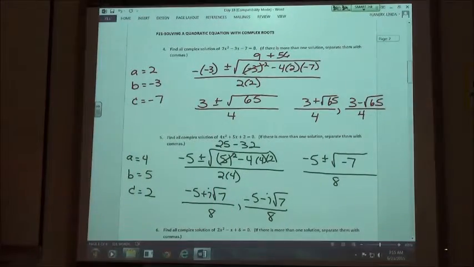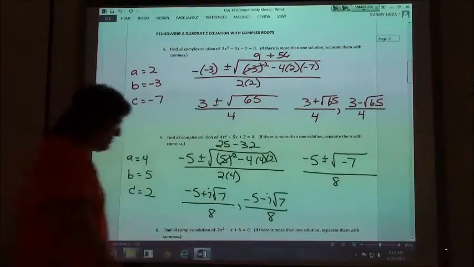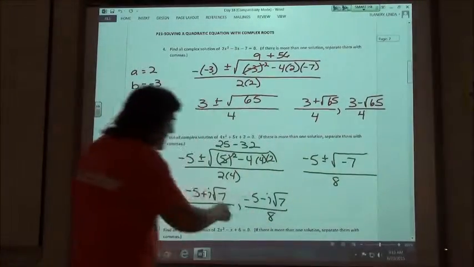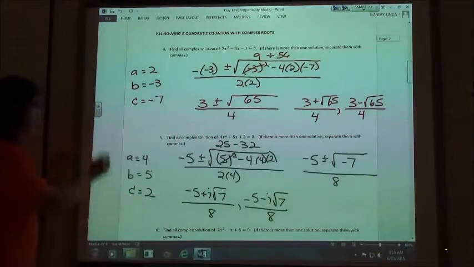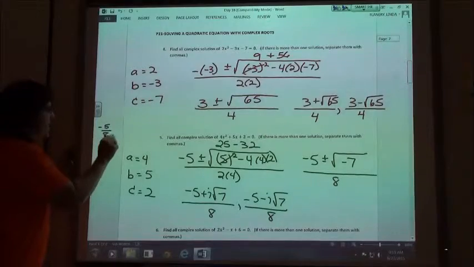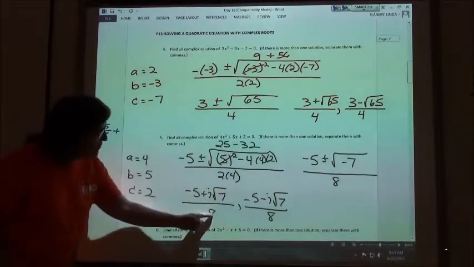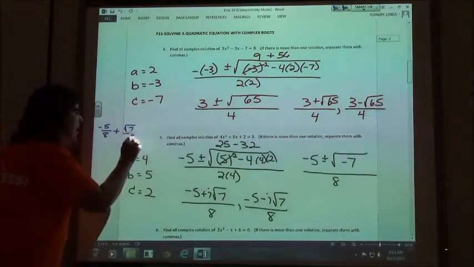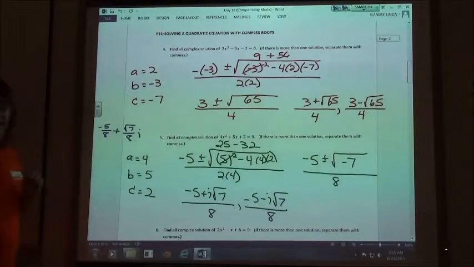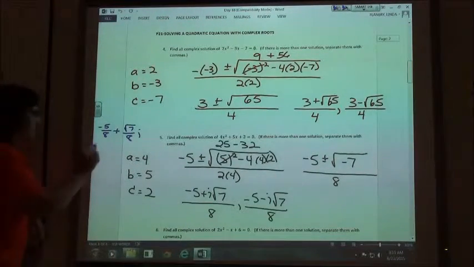However, if I wanted to do it in the best form and put it in standard form, since I have imaginary numbers, I would have -5/8 plus the square root of 7/8 i, and then same thing with the minus.